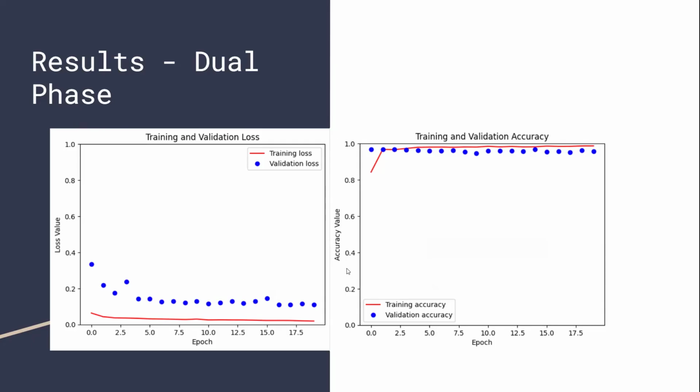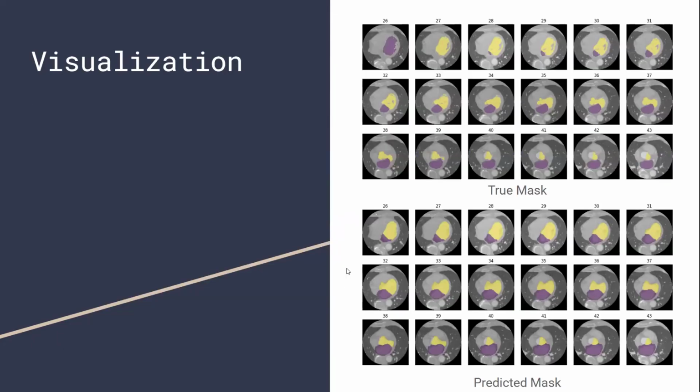All right, going to the next. This is just a visualization of our predicted mask, and I think it did a pretty good job on this specific one. I just looked at a couple and they did pretty good. What am I supposed to compare?